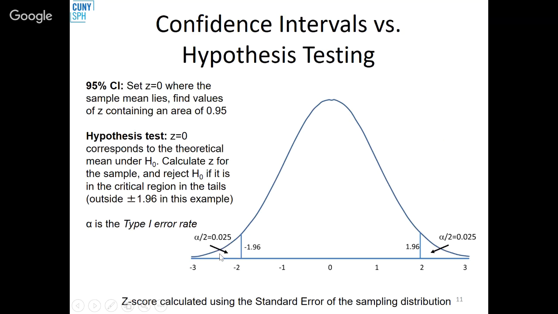So the key thing is that this critical region is in the same place for both of these tests at 1.96. And it turns out that that means that you can use either of these interchangeably to decide whether to reject your null hypothesis or not.